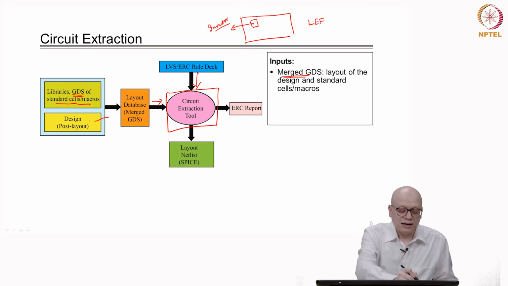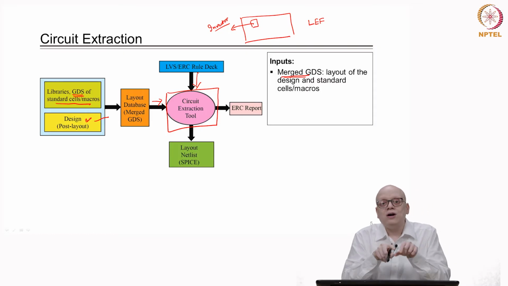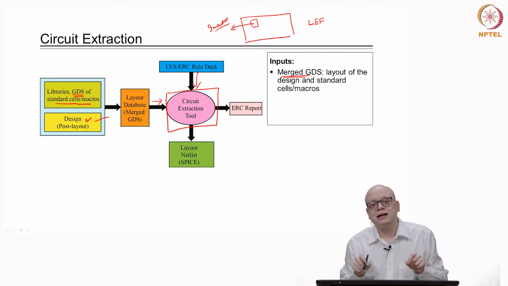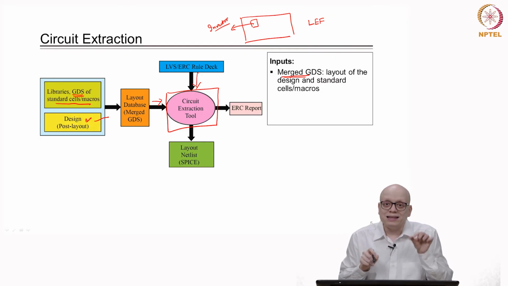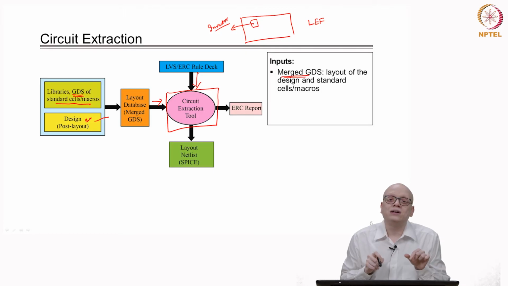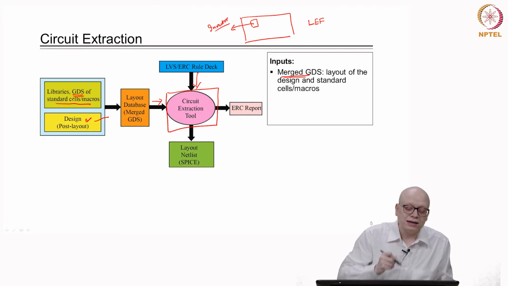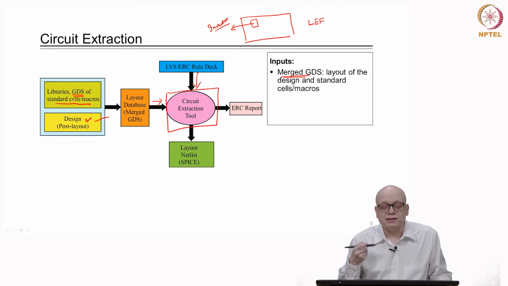So, the post-layout design contains an abstract view of the inverters and how the various standard cells are connected and so on, but the internal detail of the inverter layout is there in the library or in the GDS of the standard cells, which is contained in the PDK.